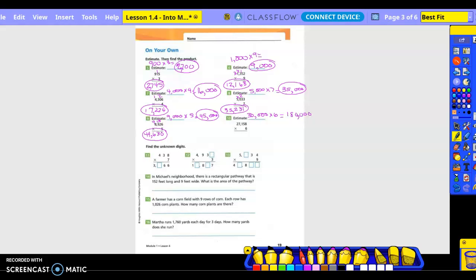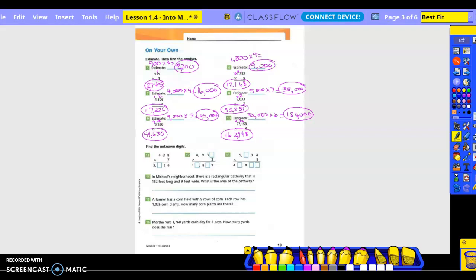So my estimate is 180,000. 6 times 8 is, put the 8, carry the 4. 6 times 5 is, plus 4 is, carry the 3. 6 times 1 is 6, plus 1 is, 6 times 7 is, put the 2, carry the 4. 6 times 2 is, plus 4 is, so 162,948. Is that close? Yeah, because you have some pretty big numbers.